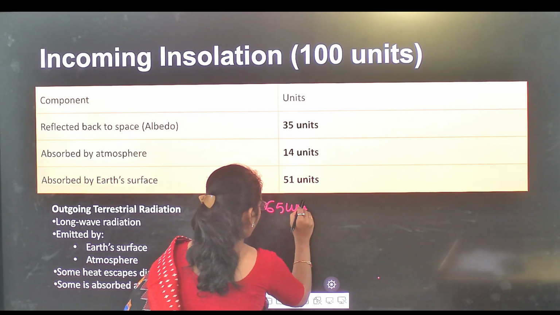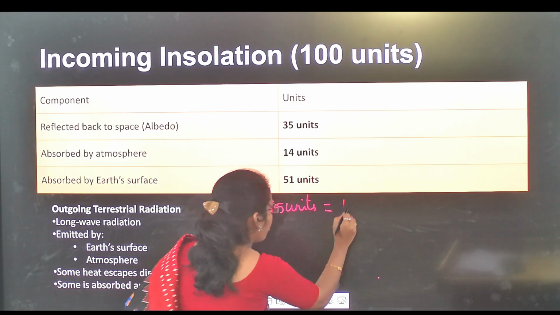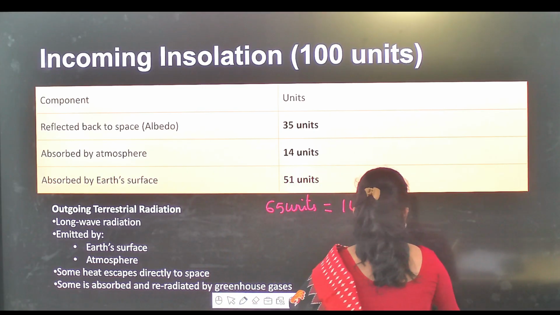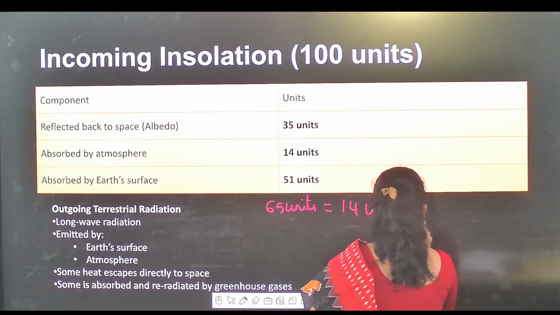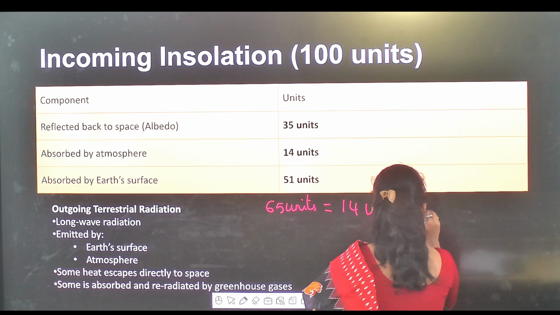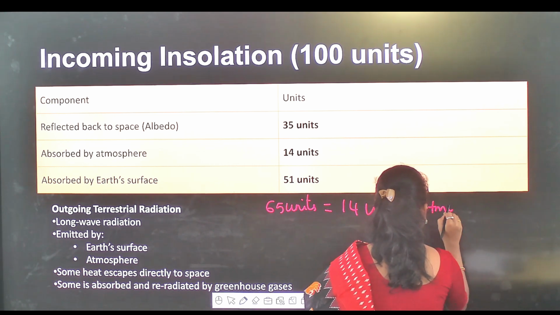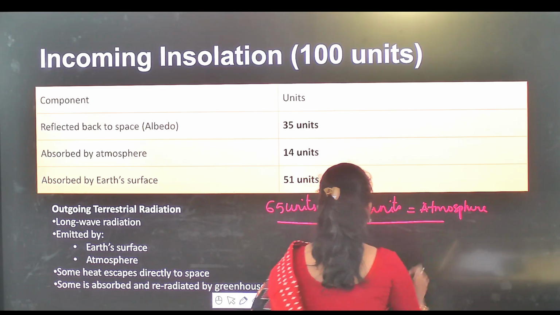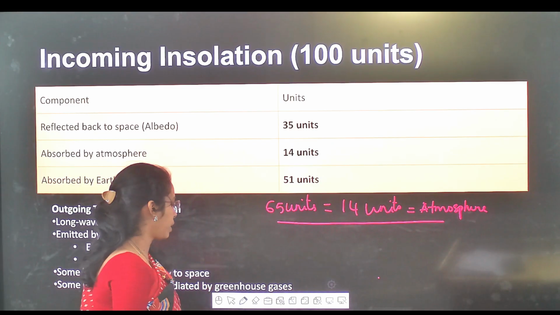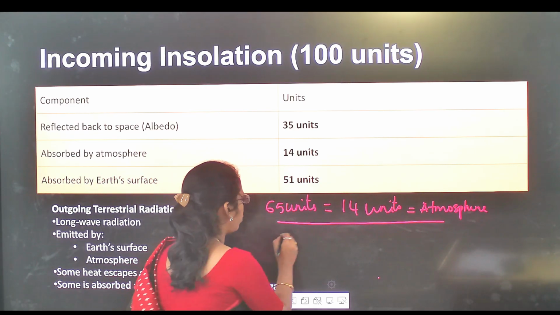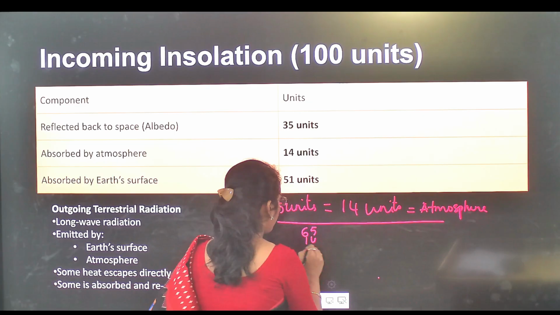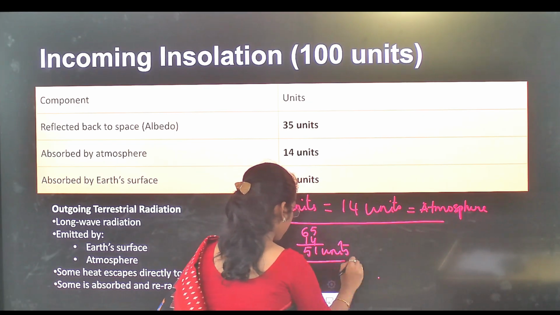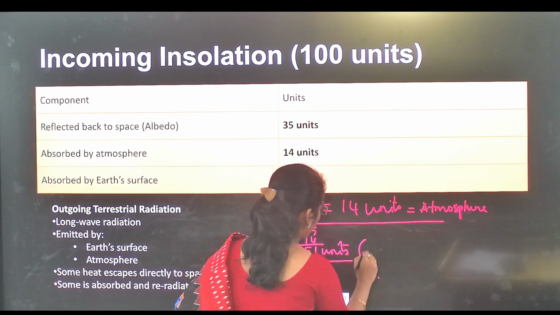From these 65 units, 14 units are absorbed by atmosphere. Now out of these 65, minus 14, 51 units are absorbed by earth's surface.